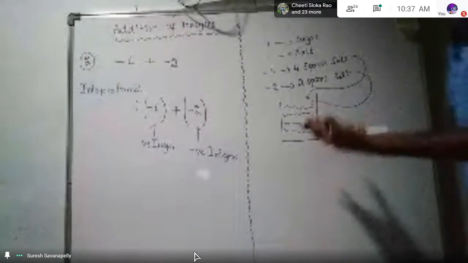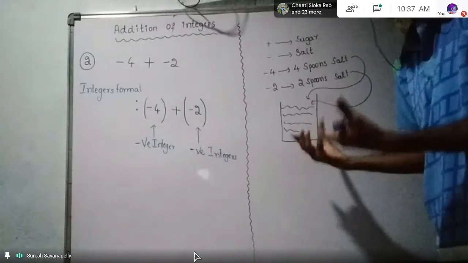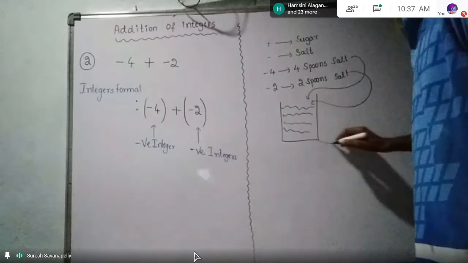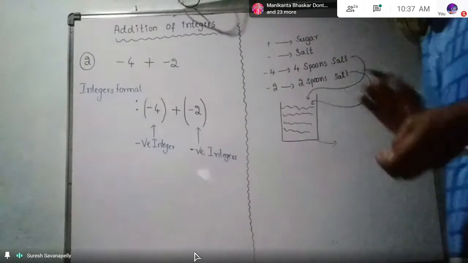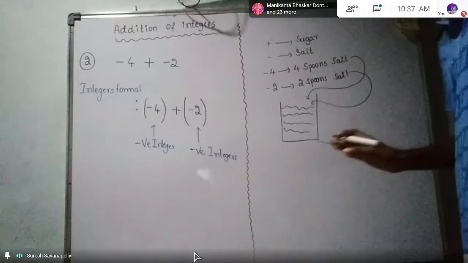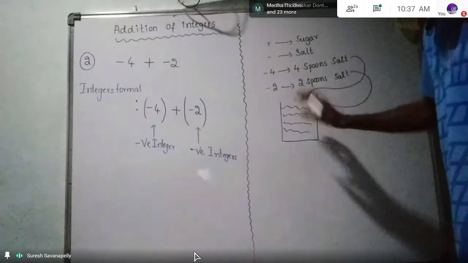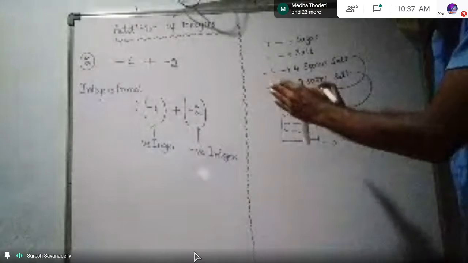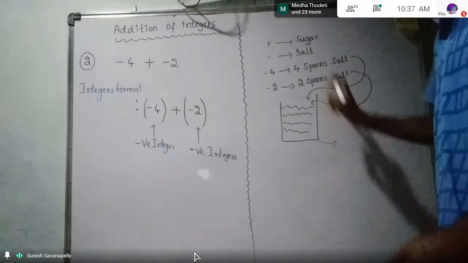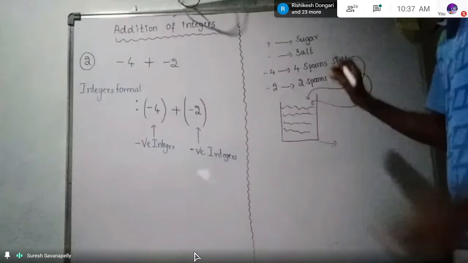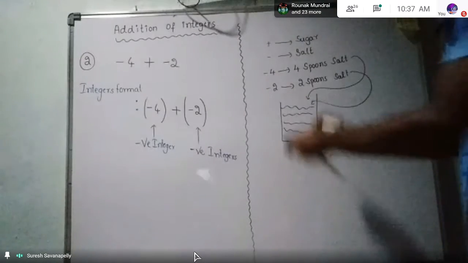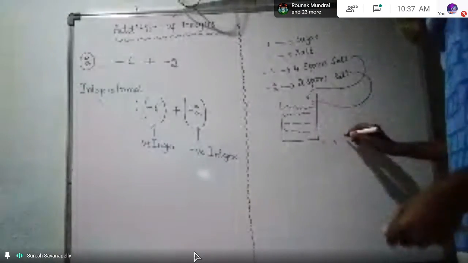Now will the water become salty or sugary? It's not sweet at all. Think it is normal water. In normal water I added 4 spoons of salt and 2 spoons of salt, so totally I added 6 spoons of salt. The whole solution will become salty.